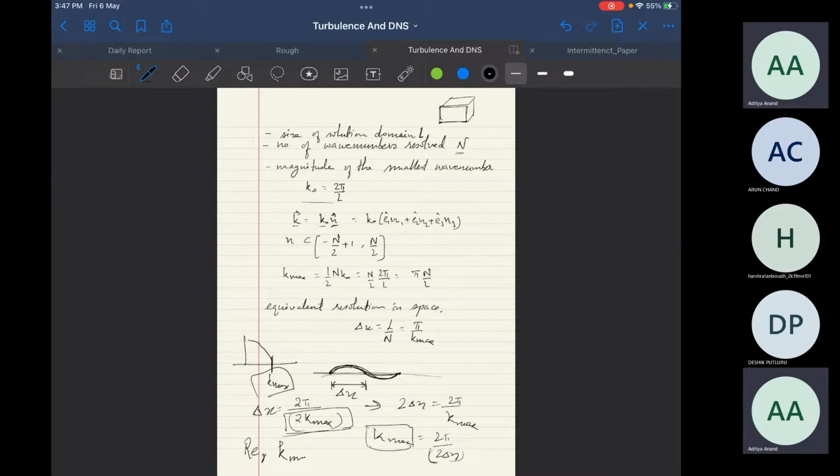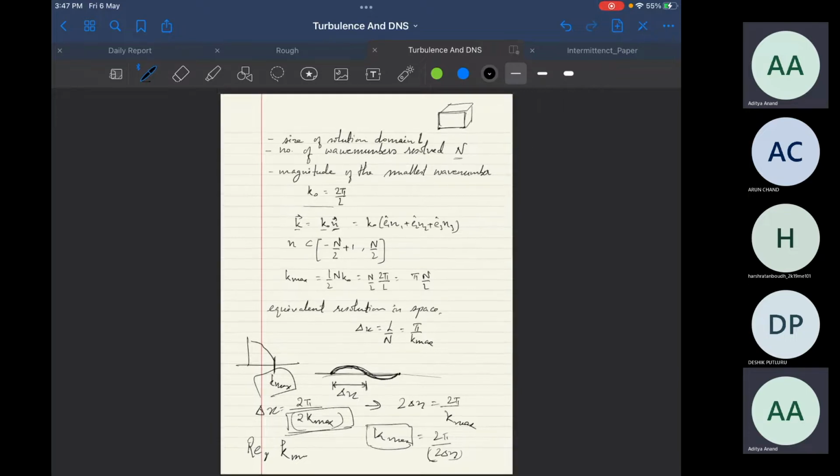From your k max, you can get your n. So you have L, you have k max from the Reynolds number. You can have an estimate for the number of wave numbers you'll have to resolve. So you have two inputs, L and RE. RE gives you k max, and this gives you the number of wave numbers to resolve. And then what you're left with is the coding part of it.